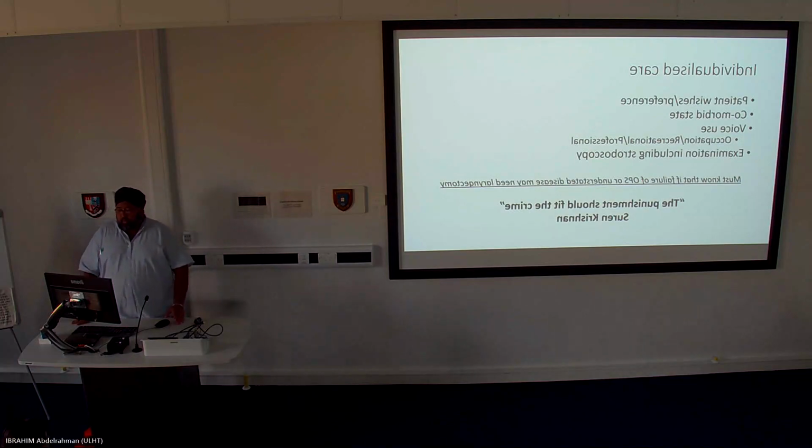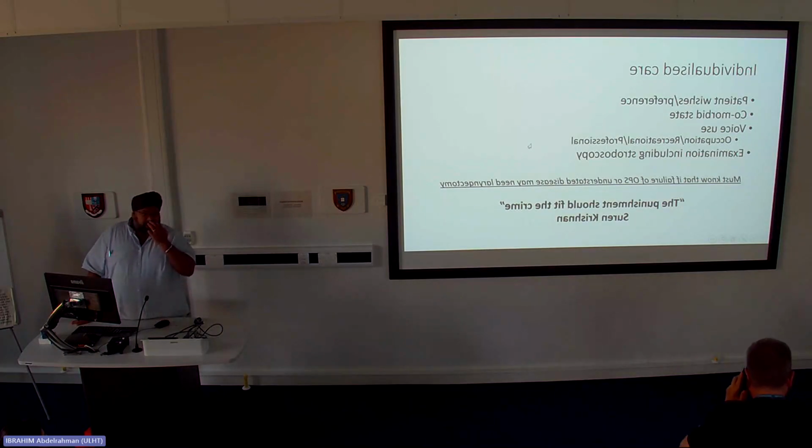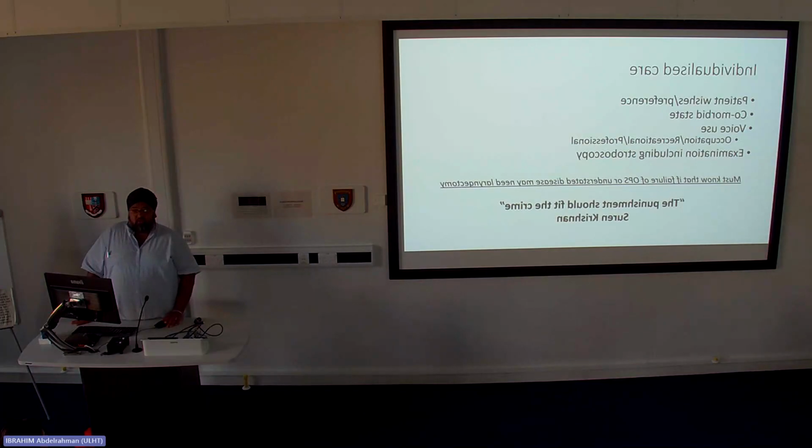The big things for me are the occupation of the person, recreationally, professionally, and how they generally use their voice. Like I say, I often use a lecturer as my main guidance of people that you need to be really careful with their voice, because you can ruin somebody's complete life by messing up their voice. And ideally, you should have stroboscopy.